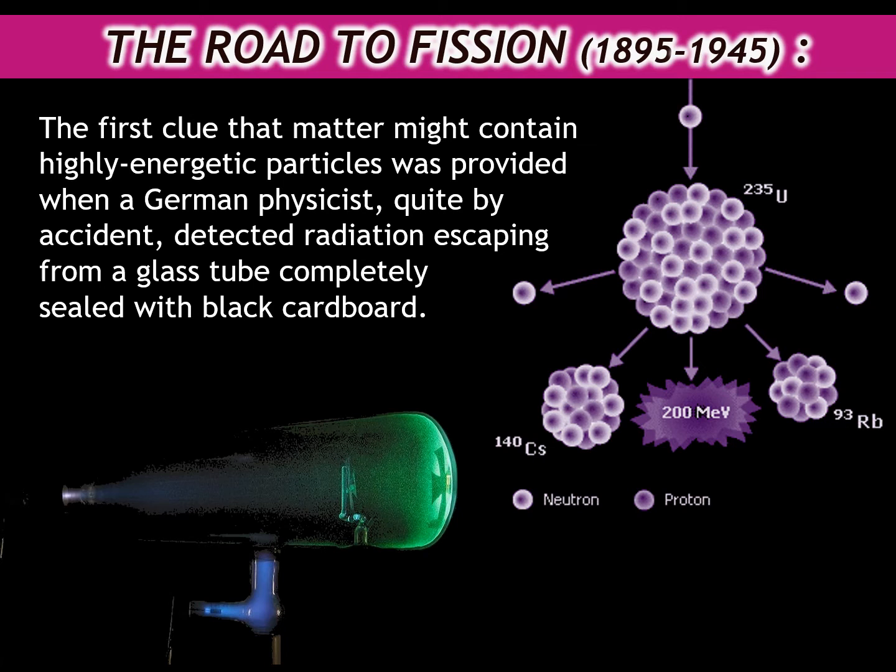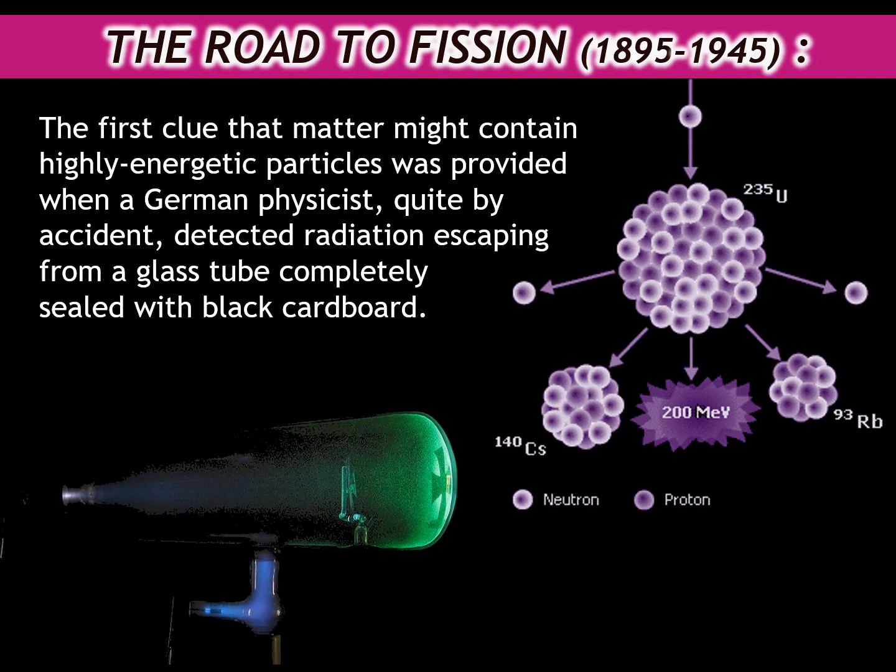No light came out of the black cardboard covered tube, but over at his desk, there was a sample of a substance that had recently been provided for him just sitting on his desk, and quite unexpectedly, that substance in the dark laboratory began to glow. The scientist was puzzled. He turned off the power to his glowing green tube inside the black cardboard, and as soon as he did, the substance on his desk quit glowing. He turned the power back on, it started glowing again.